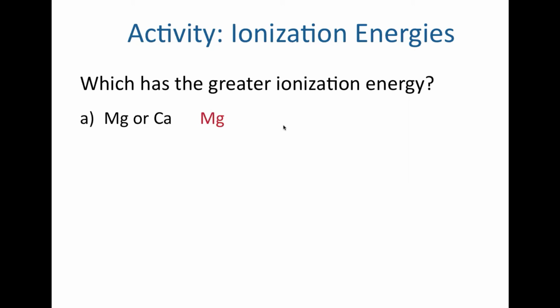These are really easy test questions if you get the trend. You can just say up and to the right. Oxygen or fluorine? Fluorine. That's the correct answer. So magnesium is up. Fluorine is to the right.